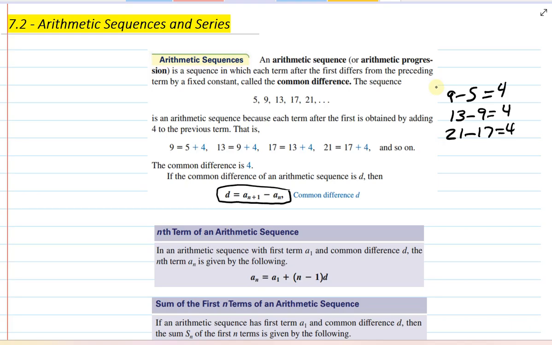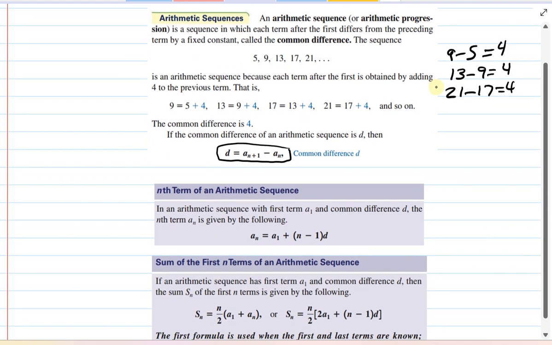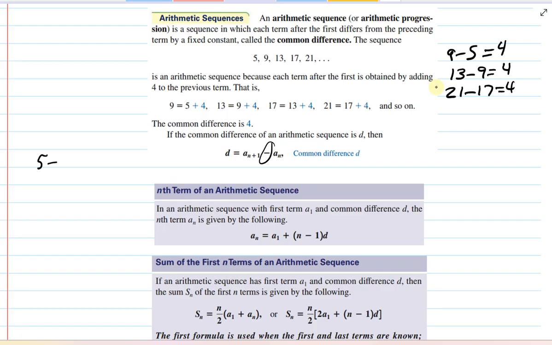Now, this is how we find the common difference for an arithmetic sequence. You simply subtract the term before from the next term, and that would be the common difference. You have to be careful here because we're talking about the difference, and subtraction is not commutative. So, for instance, 5 minus 3 and 3 minus 5 are two different answers, aren't they?